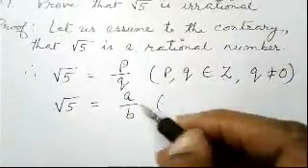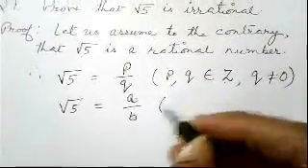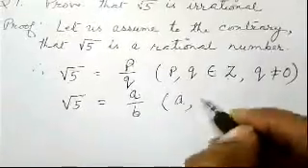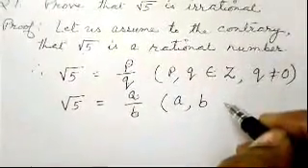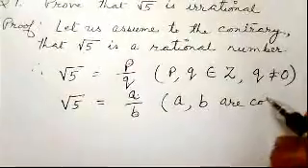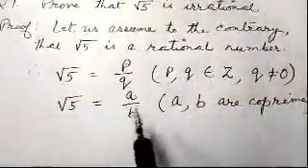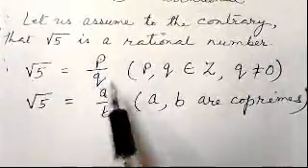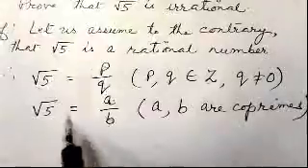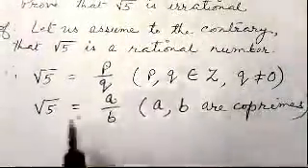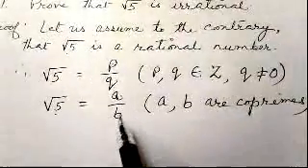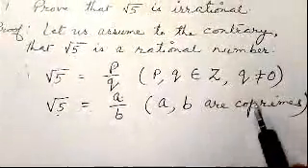Such numbers A and B are called co-primes. This means there is no common factor between A and B. We have cancelled the common factors. This is what we have supposed: root 5 is equal to A by B, and A and B are co-primes.